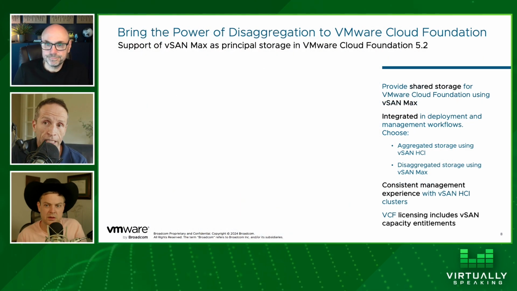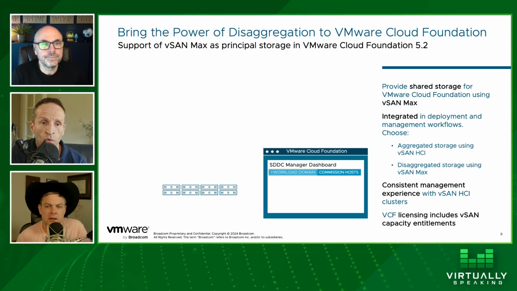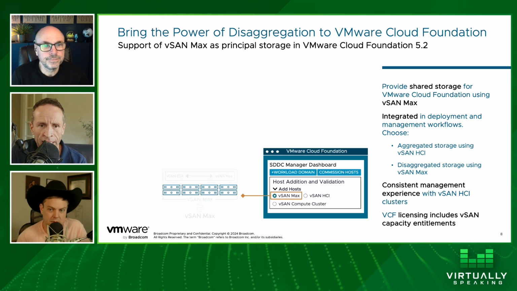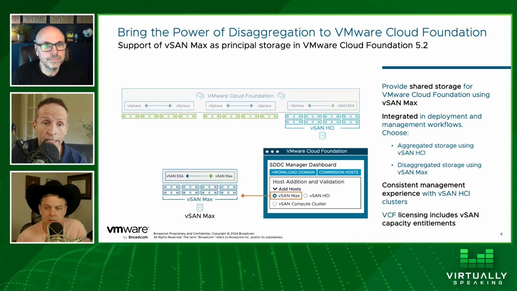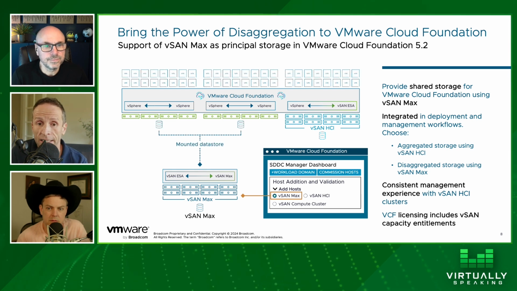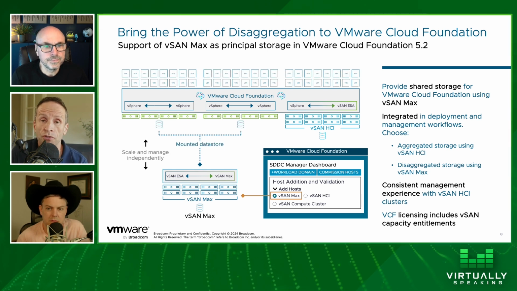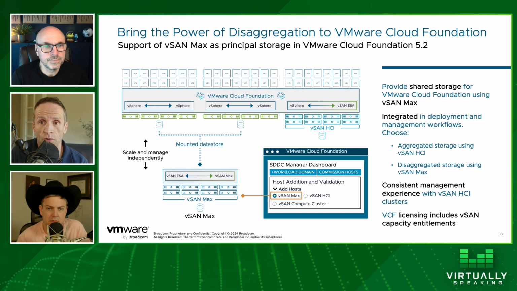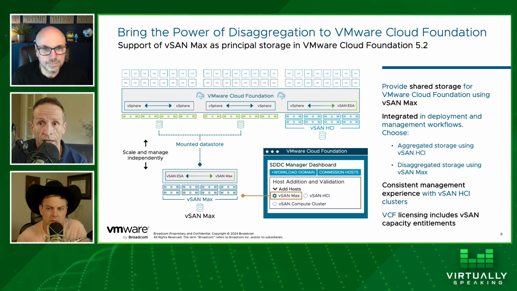And I think a good example of that is another new capability that we've introduced within vSAN 8 Update 3 and VCF 5.2, which is the support of vSAN Max as a principal storage within VMware Cloud Foundation. What this means is that when customers create a workload domain within VCF using the SDDC manager, they're going to be able to choose vSAN Max as the principal storage for that workload domain.